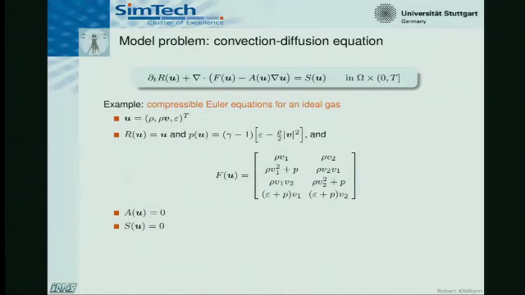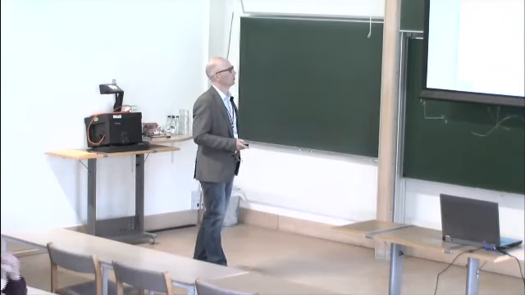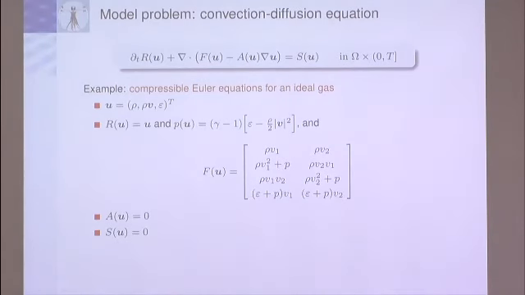One example is the compressible Euler equations for an ideal gas. As I said, R of u is just the identity. U is the classic set of conservative variables. F is, in this case, the standard Euler fluxes. A of u is 0, and also no source term is available.